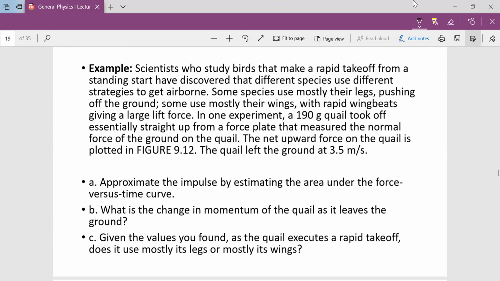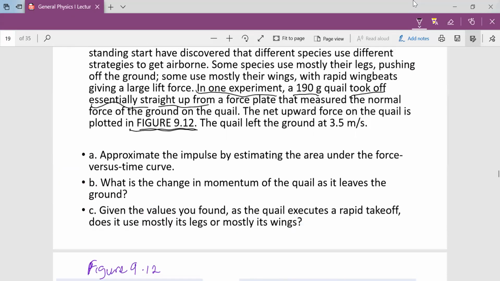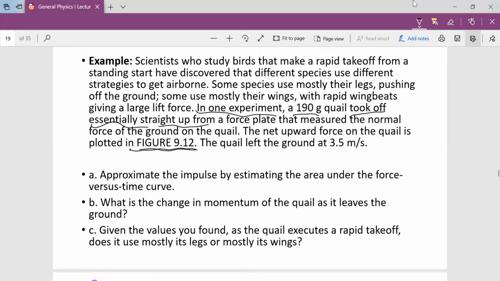So in one experiment, a 190-gram quail took off essentially straight upward from a force plate that measures the normal force on the ground on the quail. The net upward force of the quail is as shown in this figure, that's this one. Then the quail left the ground with a velocity of 3.5 meters per second.